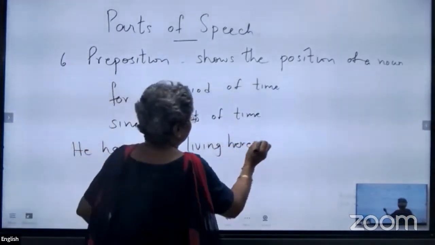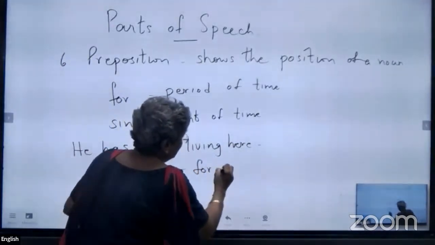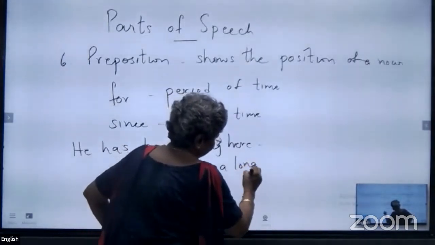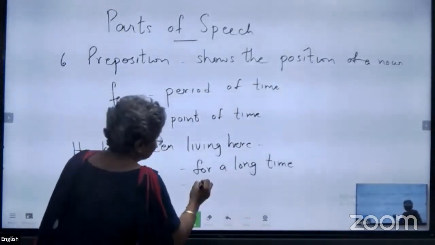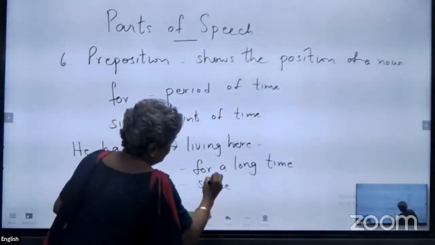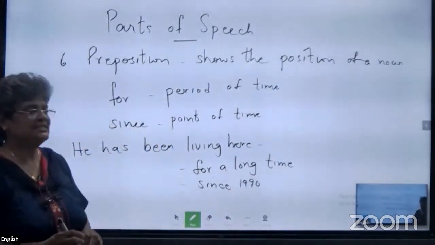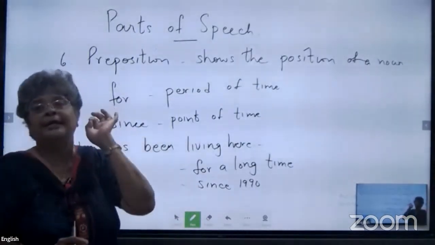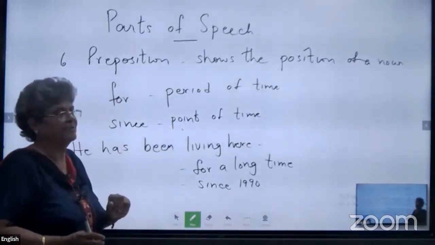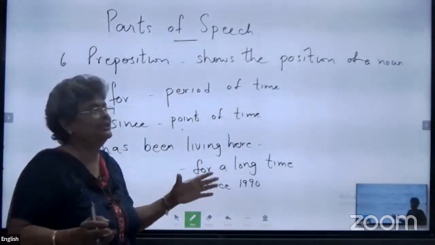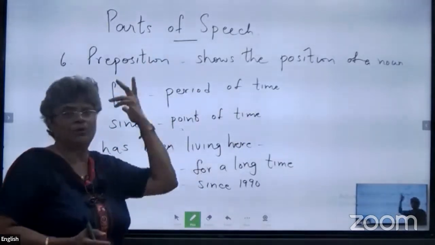In what way? For. He has been living here for a long time. Or since 1990. Did you understand the difference? Since is used when you tell the particular time. That is why it is known as point of time. While for, you don't mention it, and that's why it's known as period of time. For a long time.